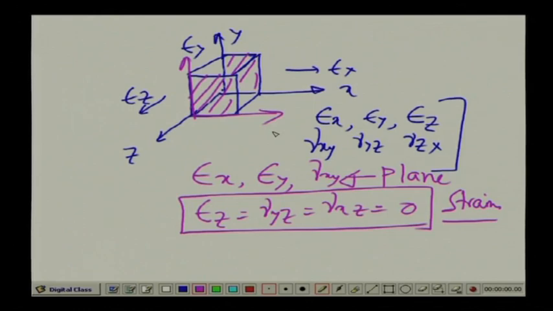Now, in this plane if we like to find out the strains corresponding to 3 different directions.